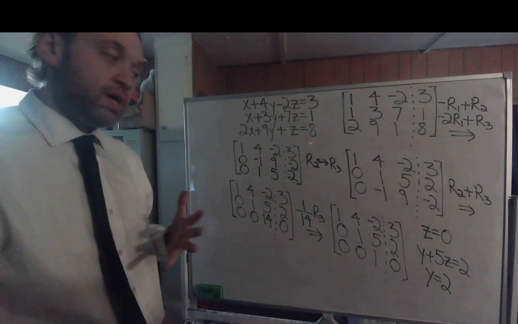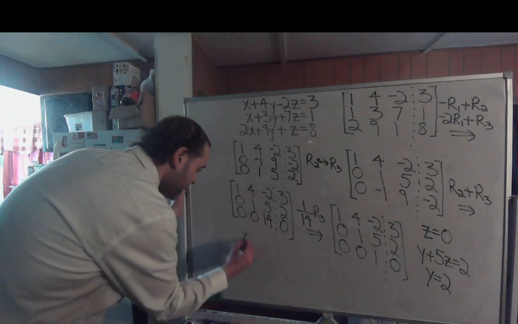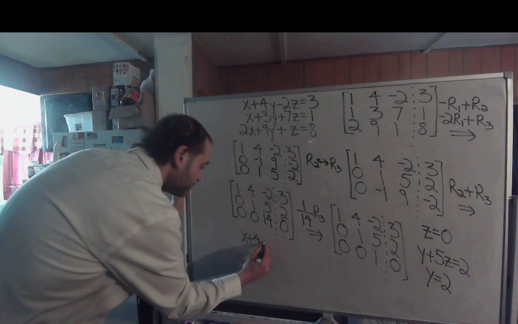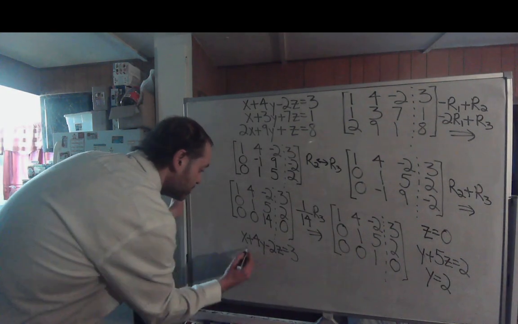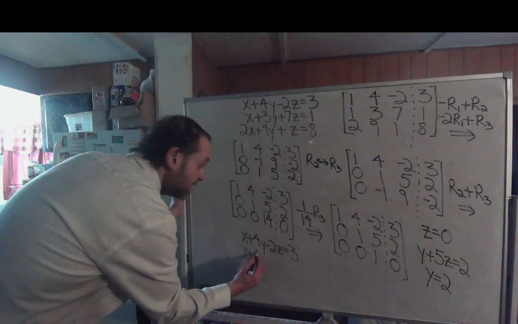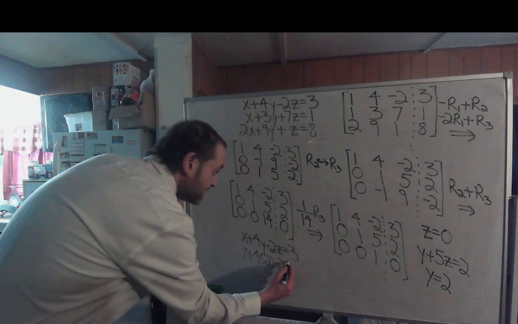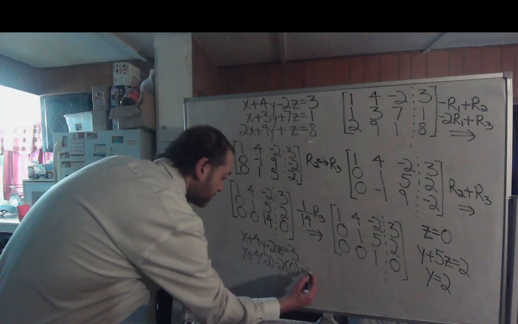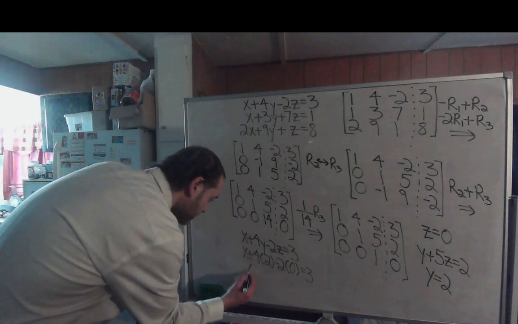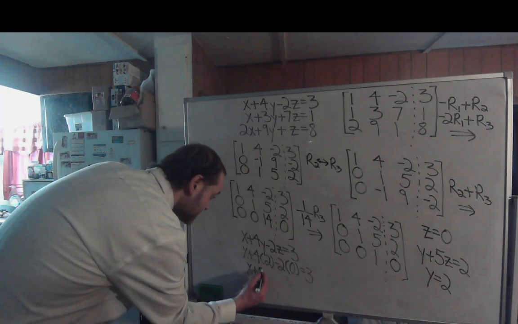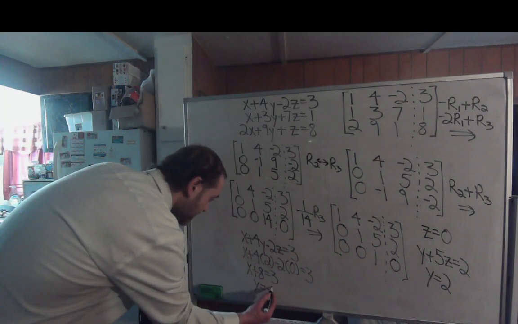Now that we know both y and z, let's put that into the top row. The equation of that would be x plus 4y minus 2z equals 3, which would be x plus 4 times that y value of 2 minus 2 times that z value of 0 equals 3. Well, the 2 times 0, it's gone because it's 0. You literally would just get x plus 8 equals 3, which would give you that x equals -5.